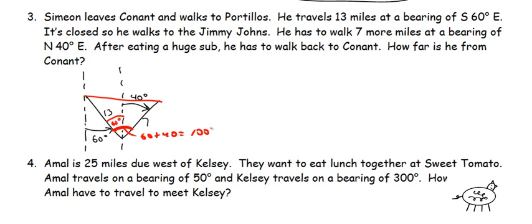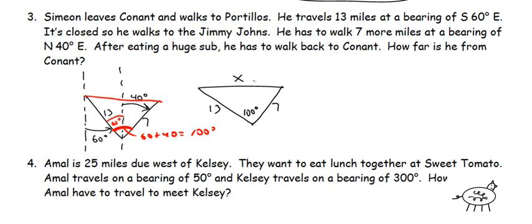Wow, that was really easy. It's 100 degrees. So if I draw my new triangle, it's going to be 13, 100 degrees, 7, and x. Wow, that was actually pretty simple.